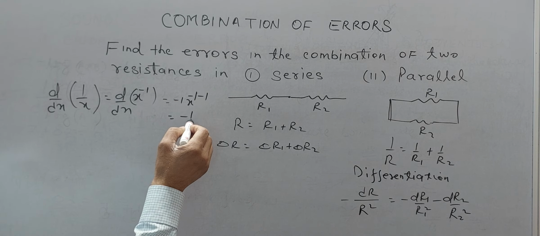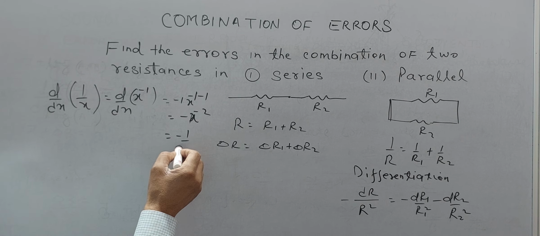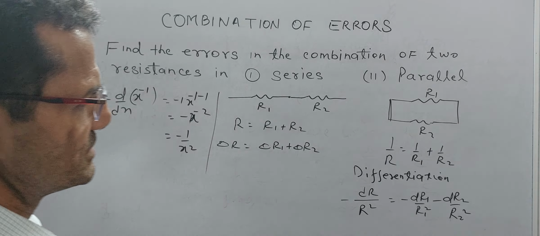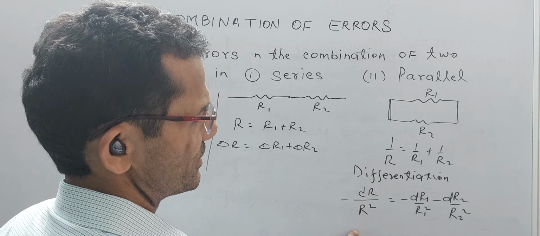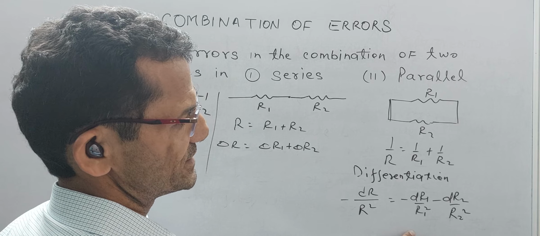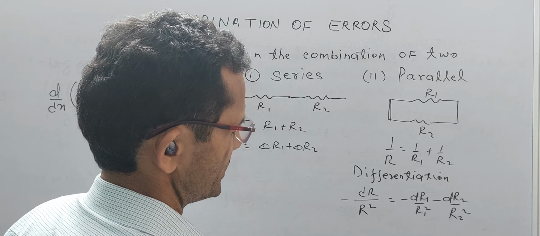So now this value becomes x raised to minus 2. Now this becomes minus 1 upon x square. These are the rules of differentiation. Same thing would happen: 1 upon r has the differentiation minus 1 upon r square. 1 upon r1 has the differentiation minus 1 upon r1 square. In the same way, 1 upon r2 has the differentiation minus 1 upon r2 square.